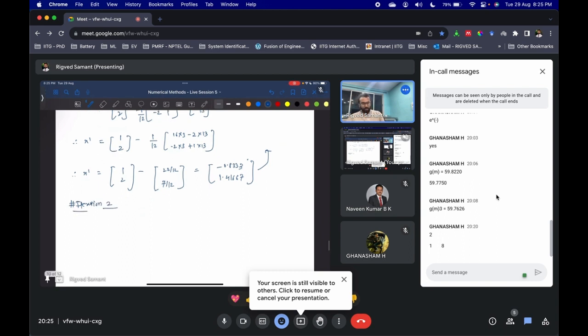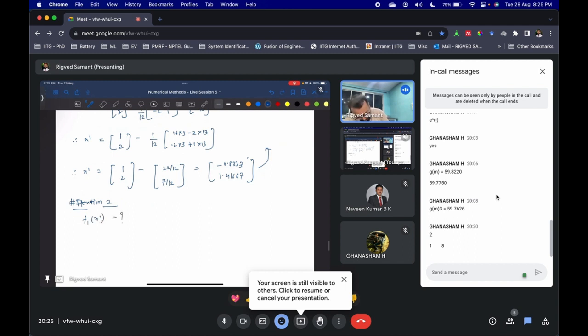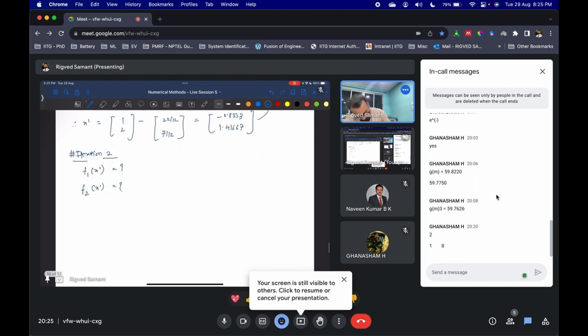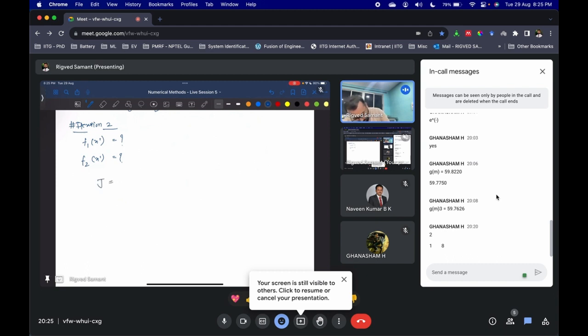So with this guess, for iteration 2, this is your x1, x2 values. You will calculate f1 of x1 and f2 of x1. Then we will calculate the Jacobian.